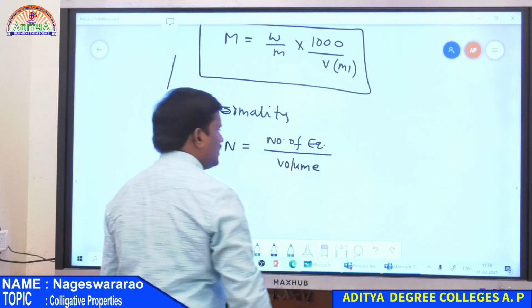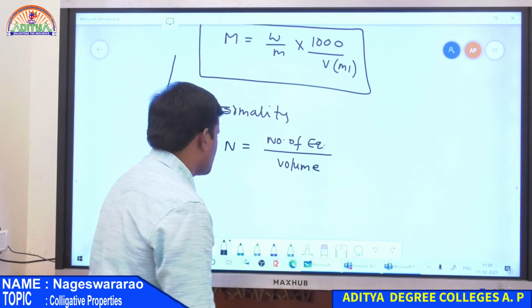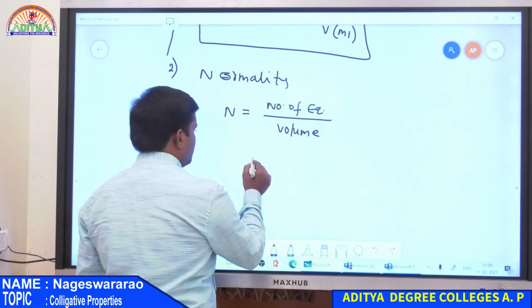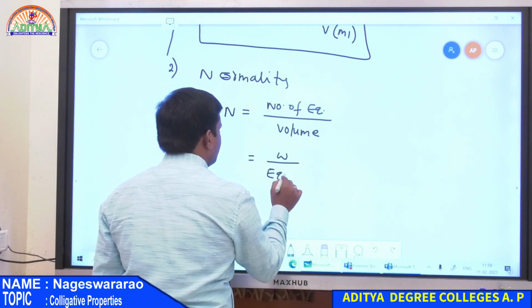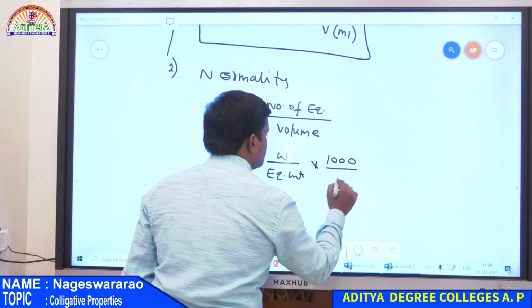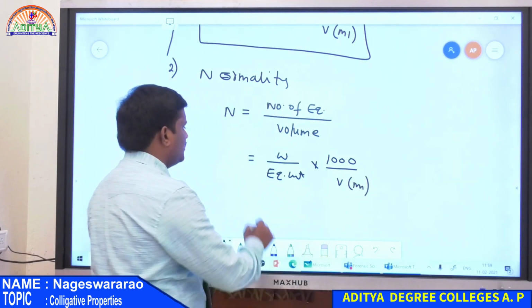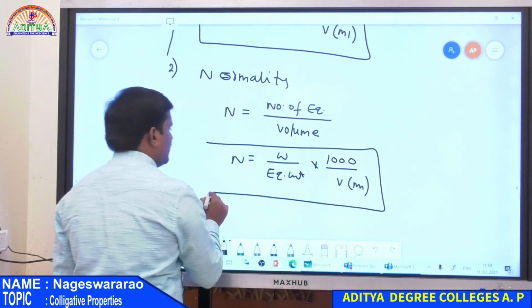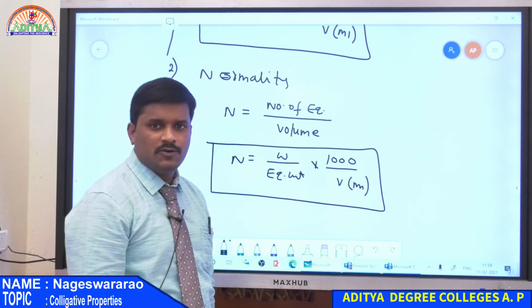So it is the number of equivalents of solute divided by volume of the solution. What is the formula for normality? Weight of the solute divided by equivalent weight into 1000 divided by volume. Again, this is in terms of milliliters. Therefore normality is equal to weight divided by equivalent weight into 1000 divided by volume.